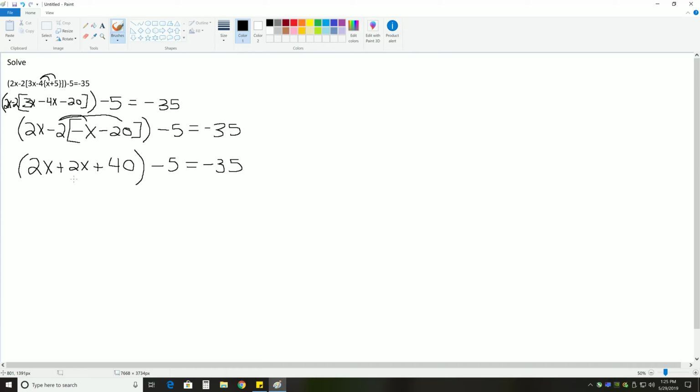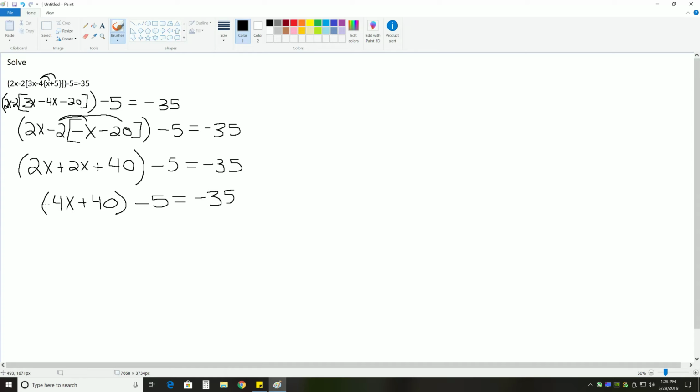Again, we do one more check. Can we simplify what's inside of our parentheses? We can. 2x plus 2x are like terms. That'll give us 4x plus 40 minus 5 equals negative 35.